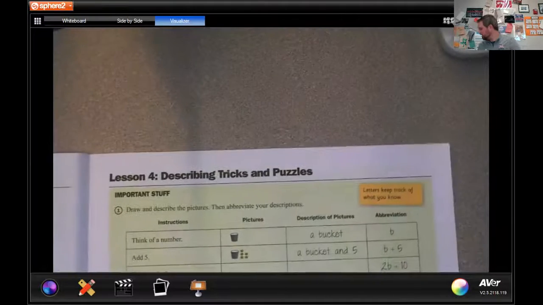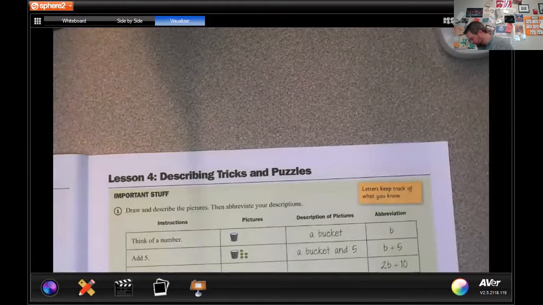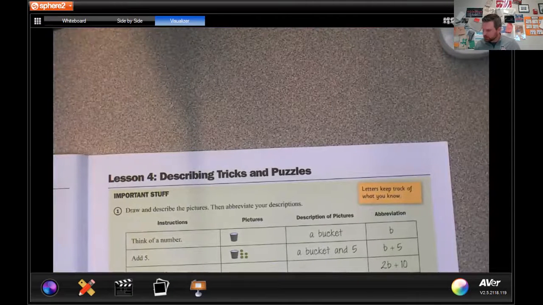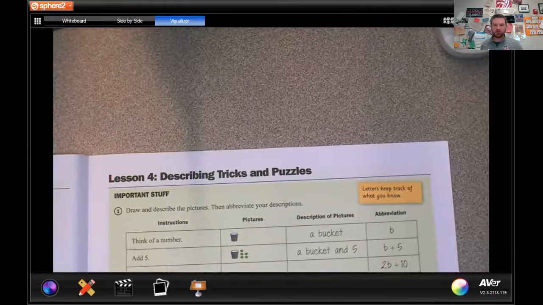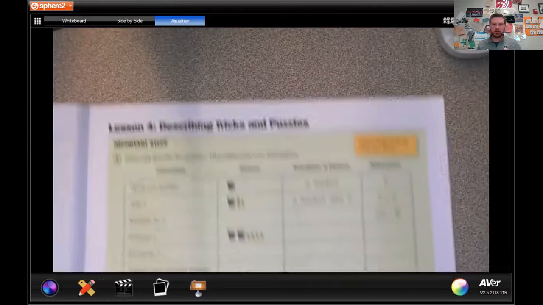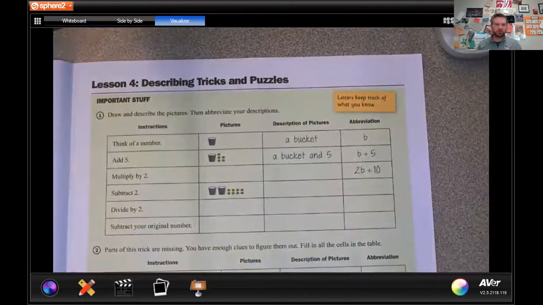Okay, so let me grab a pencil and we will get going. The first thing we have here is draw and describe the pictures, then abbreviate your description.